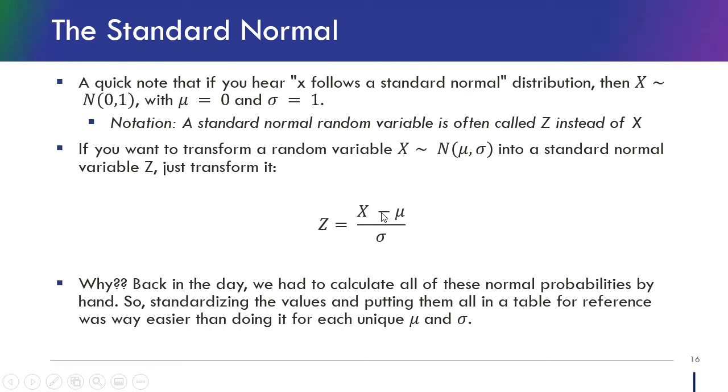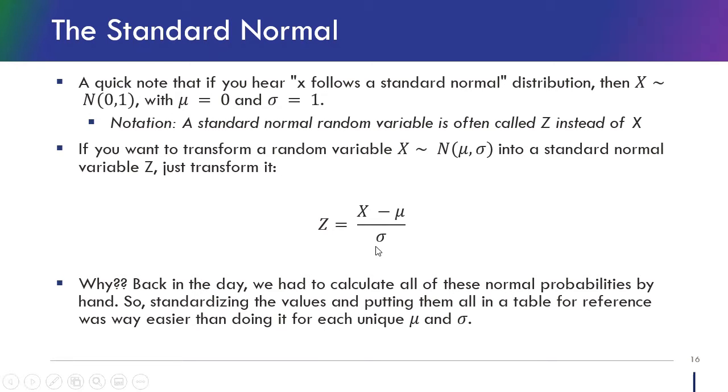We take this X from its original mean mu, and we shift it to 0 by subtracting mu.